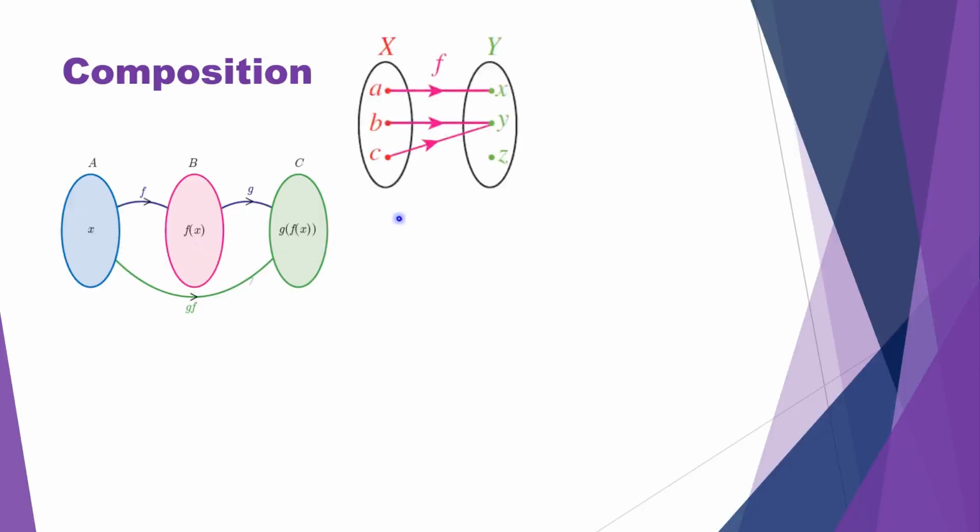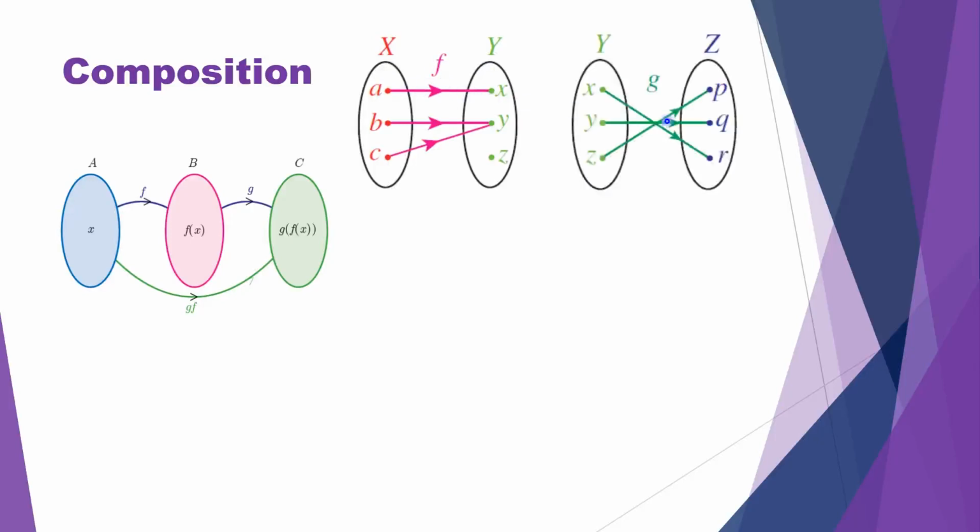Now in 11th standard, they have given it like this: x, y. Here x is the domain, y is the codomain. We are having the function name F to map x to y. And we are having another function G. That domain is y, codomain is z.